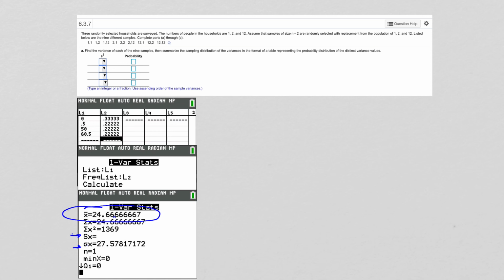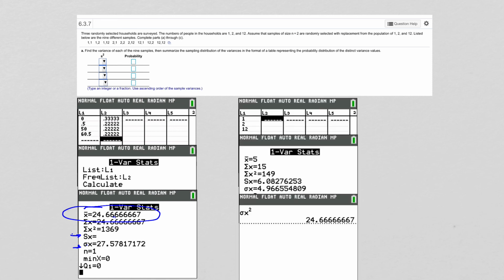So that part is done, and I want to compare that to the population variance. So what would I get if I just put the values from the original population into the calculator and did one var stats? Okay, so I put my list into the calculator, 1, 2, and 12, and I found the population standard deviation, which was 4.966 and so on.